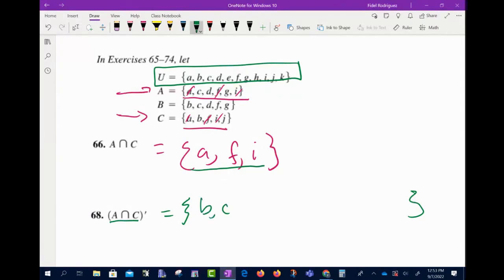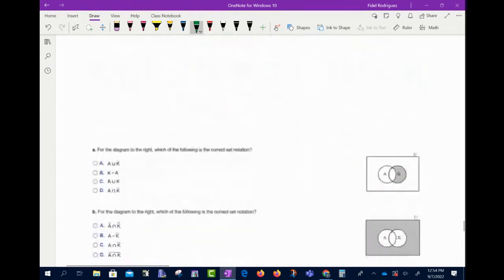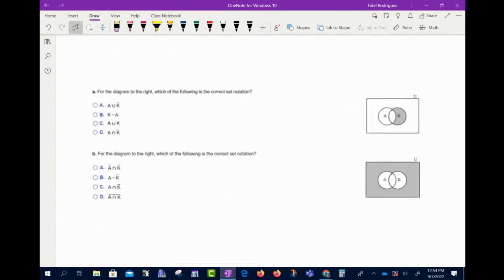So we're going to start with B, C, D, E, not F, but G, H, not I, but J, and K. And that's what the complement means. So again, in order to find the complement, I have to know what the original set looks like. And the way I find the complement is go back to the universal set and pick those letters that are not in the original one. Excellent, excellent.